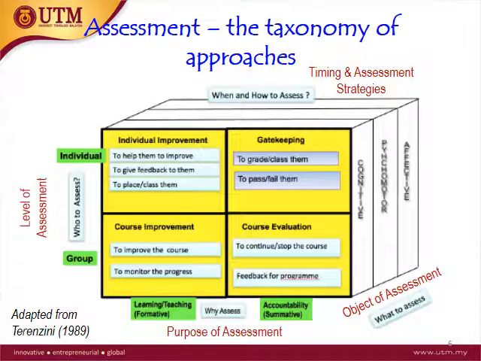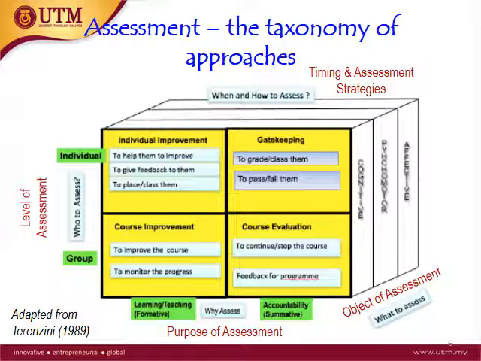And for gatekeeping, this is to accredit qualified students. The purpose here is basically for grading or accreditation, where the assessment that we give allows students to demonstrate certain skills or knowledge they had acquired. For example, giving written examination.